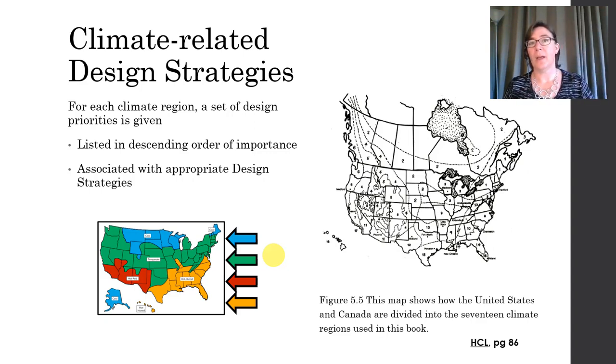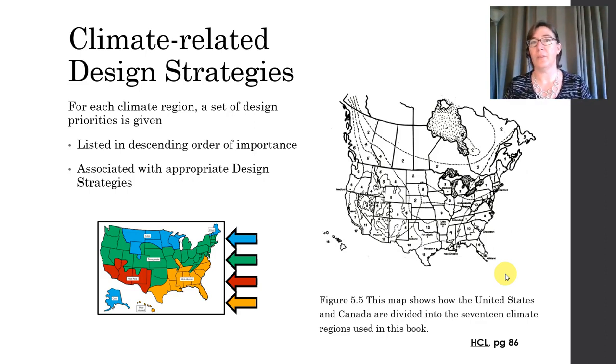Your textbook splits the United States and Canada up into 17 climate regions, and let's take a look right here. For each one of them, it gives a set of appropriate design priorities.